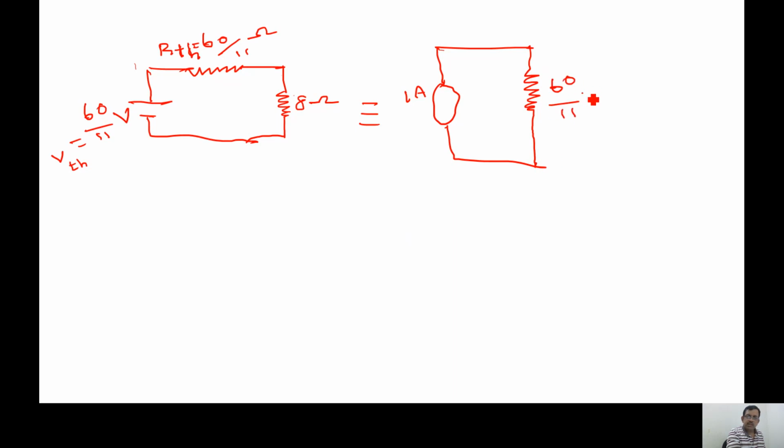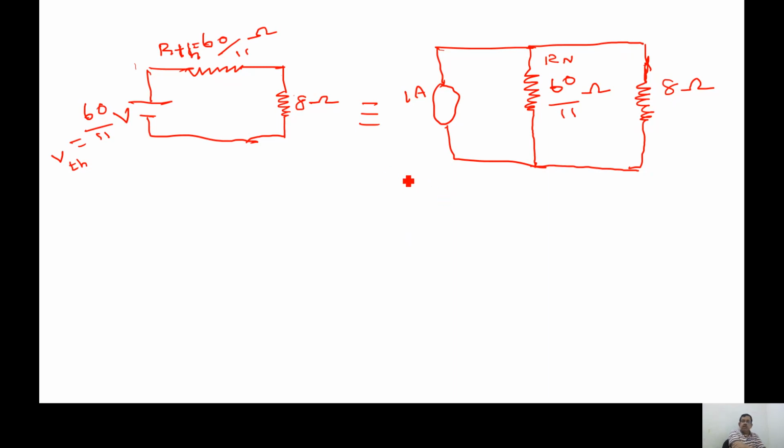So magnitude wise RTH and Rn both are the same, but the way they are represented in the circuit, they are different. In case of current source, it is connected as shunt. In case of voltage source, it is connected in series. So here my 8 ohm with this. Okay, so you have to understand this.